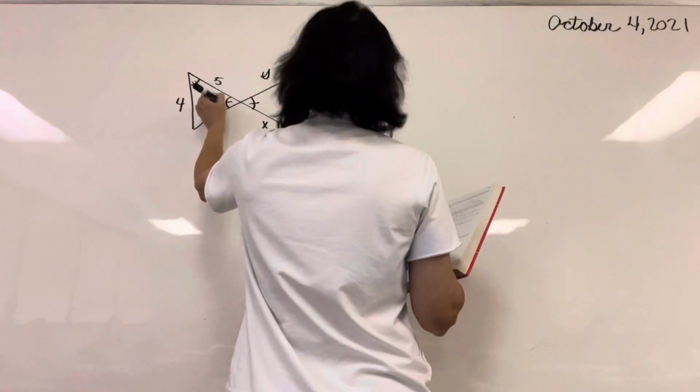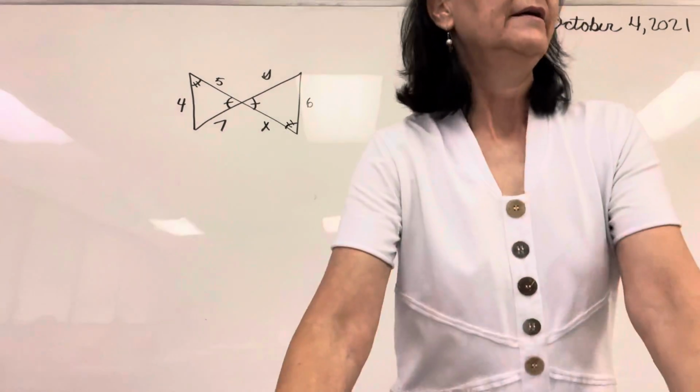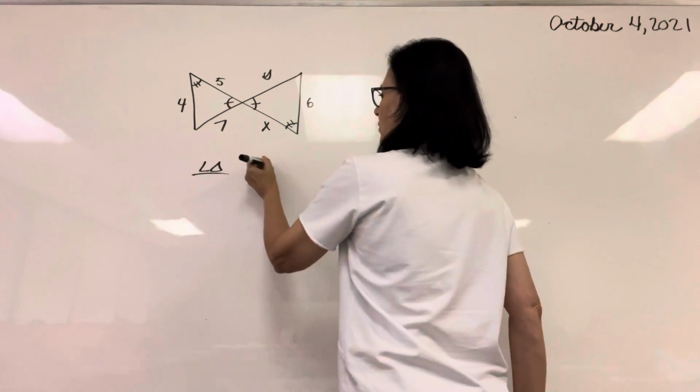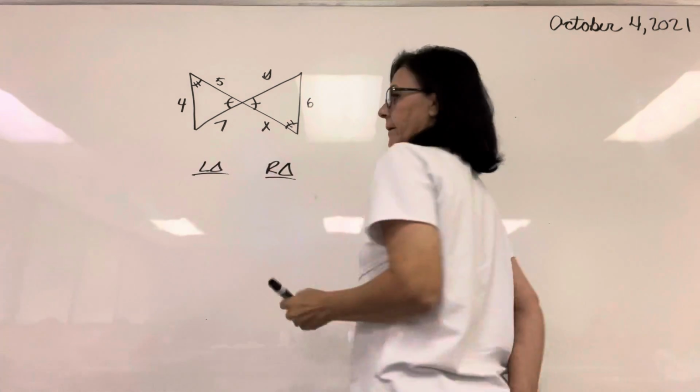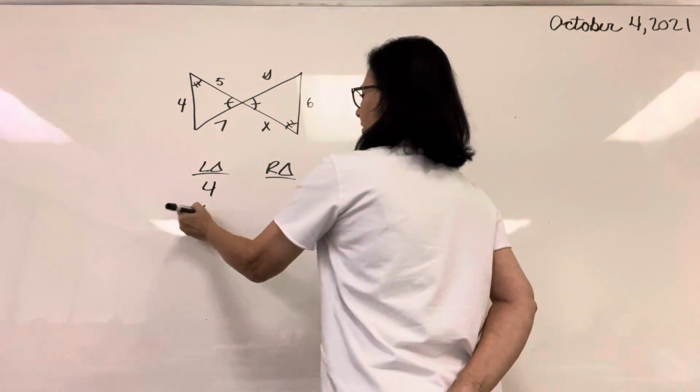The way that I work these is I look at corresponding sides. We'll look at the sides in the left triangle. We'll look at the sides in the right triangle. I'm just going to label them 4, 5, 7.